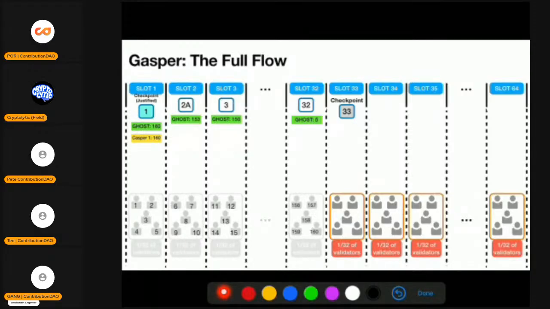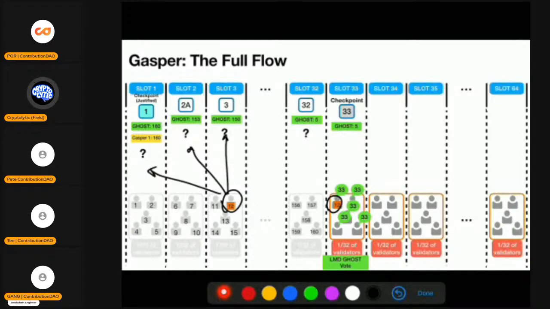Sorry. What's going to happen is that if you remember the LMD GHOST, and if this guy, which is labeled as 12, makes a vote here, because it votes for this block and this block, but in the LMD you only consider the latest vote, so this vote is going to get ignored.